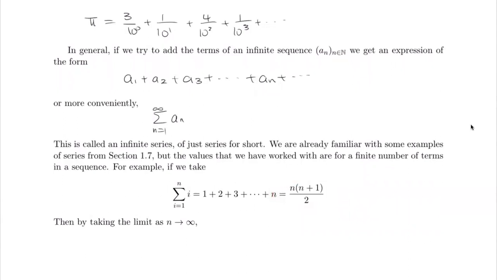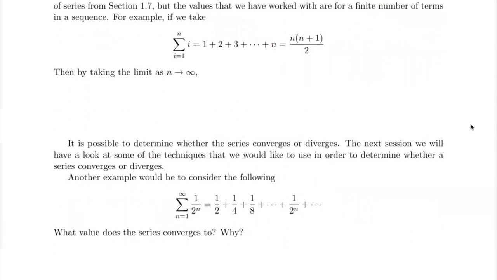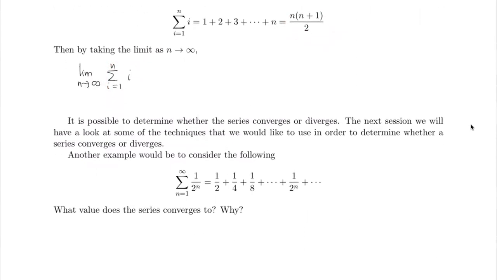However, let us take the limit as n approaches infinity of the sum from i equal to 1 to n of i. Because this series is equal to the expression over here, we can substitute it in, so we get the limit as n approaches infinity of n times n plus 1 divided by 2.